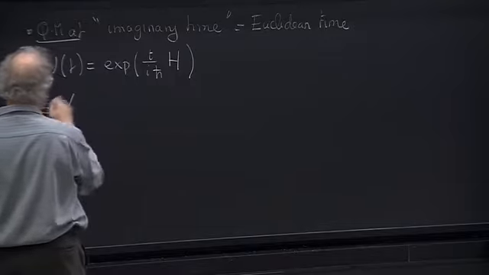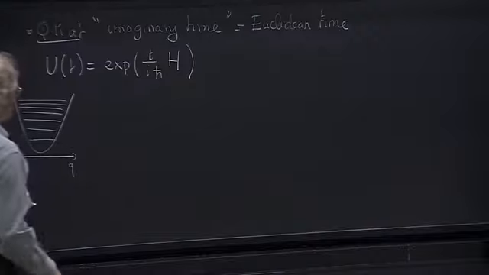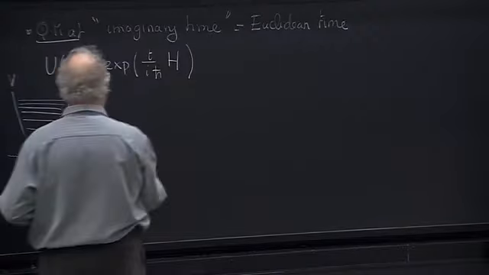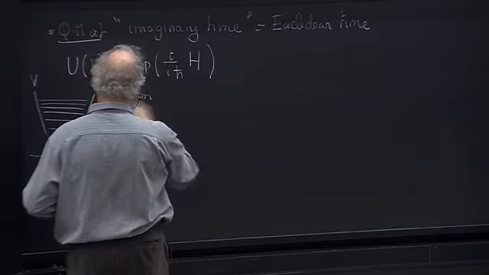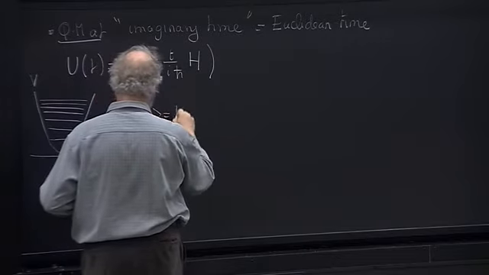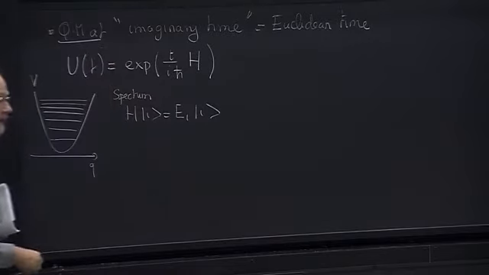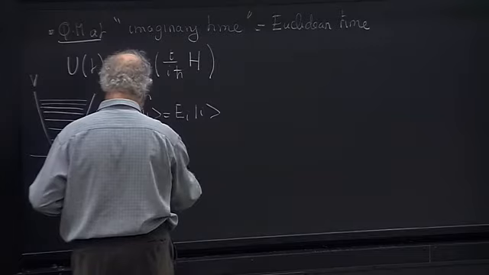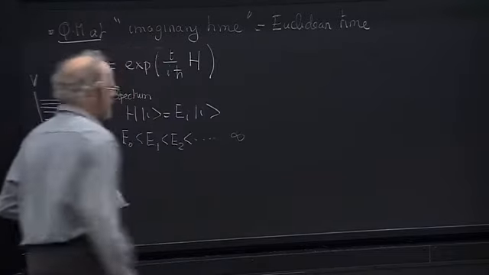Well, it may have a continuum spectrum if there is some infinite space, but the important point is that the spectrum of H is bounded from below. So let's say that H applied to state i gives E_i times state i, with of course the energy of the ground state E_0 less than E_1, less than E_2, etc., up to possibly infinity.